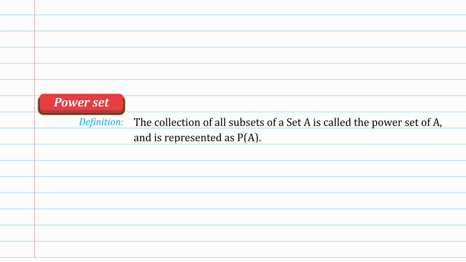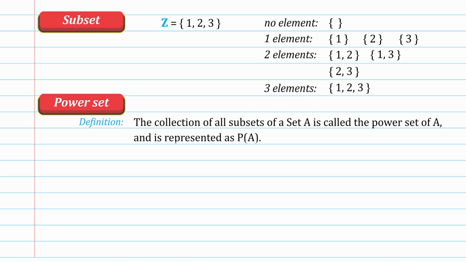To illustrate, let's look at set Z, again from our previous examples. We know that set Z has 3 elements, and here are its subsets. Now, what if we're looking for the power set of Z, indicated by P(Z)?